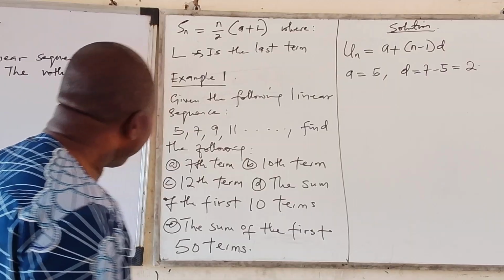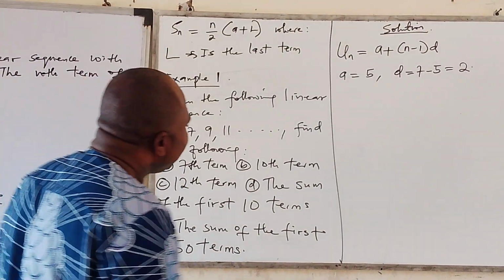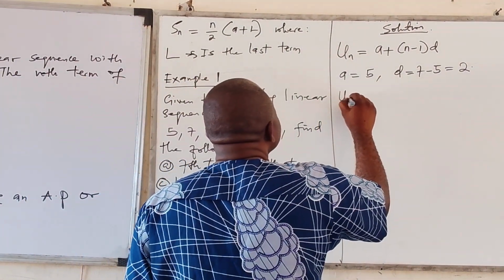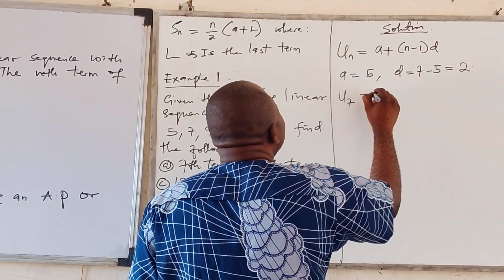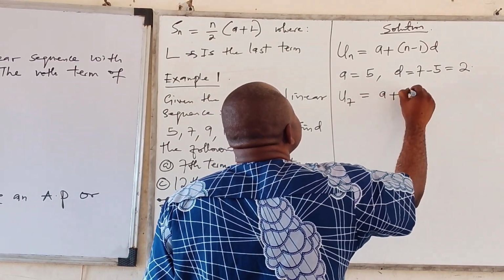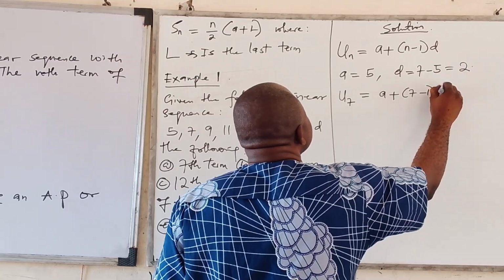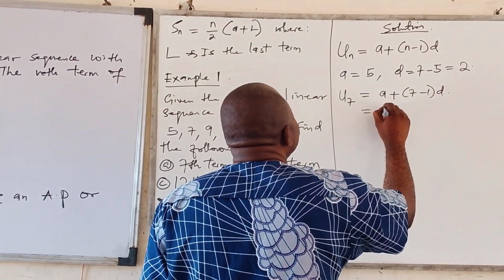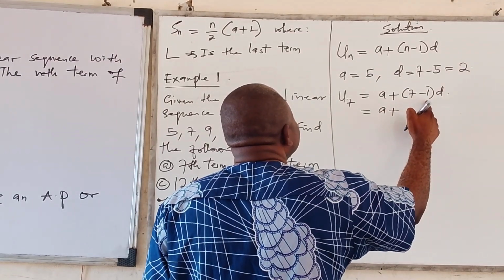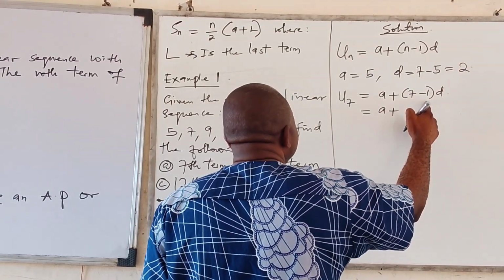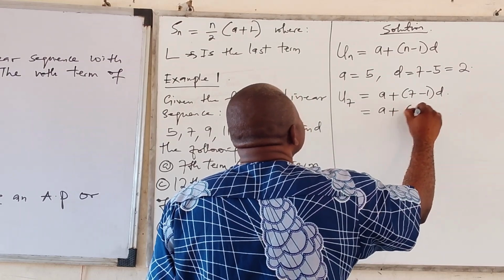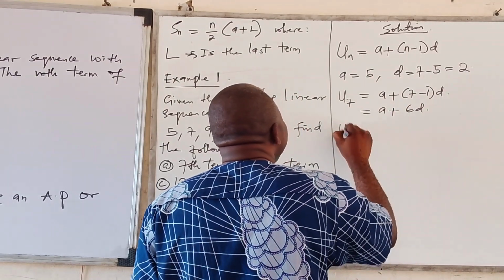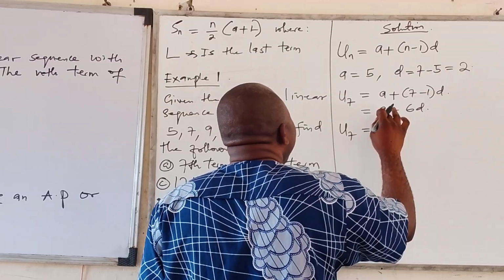Now the question asks us to get the 7th term. U7 will be A plus 7 minus 1 times D. 7 minus 1 is 6, so we have A plus 6D.